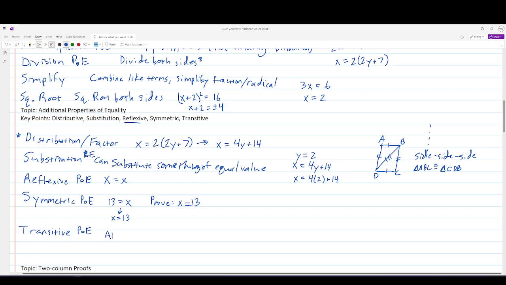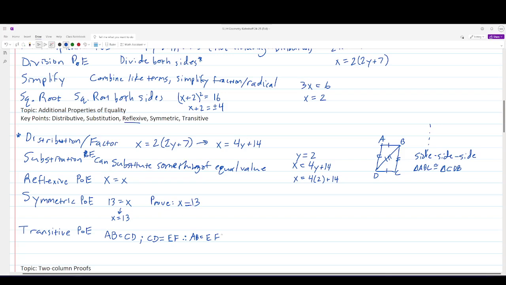You may remember we had an example before that said something like AB is equal to CD, and CD is equal to EF. So we could conclude from that, we could say, therefore, AB is equal to EF. The name of that property that lets us do that is called the transitive property of equality.